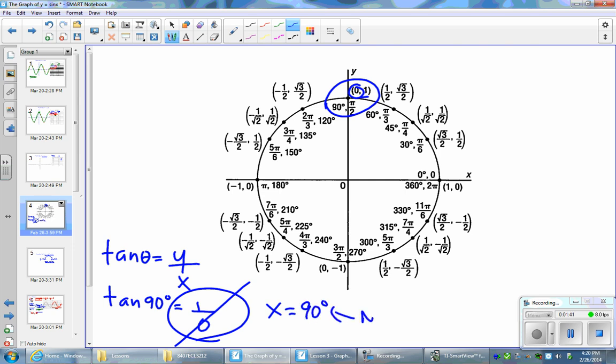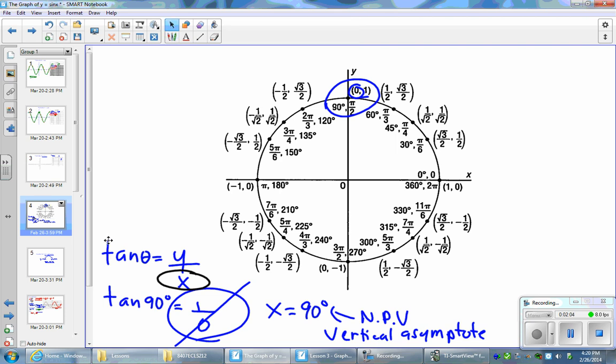So it's non-permissible, meaning at a non-permissible value, you actually get a vertical asymptote. Okay, so there's a point of discontinuity, there's a vertical asymptote. Now, anywhere on the unit circle where the x coordinate is equal to 0, that's where you're going to have some vertical asymptotes on this graph. So we found the first angle between 0 and 360. That's at 90 degrees.